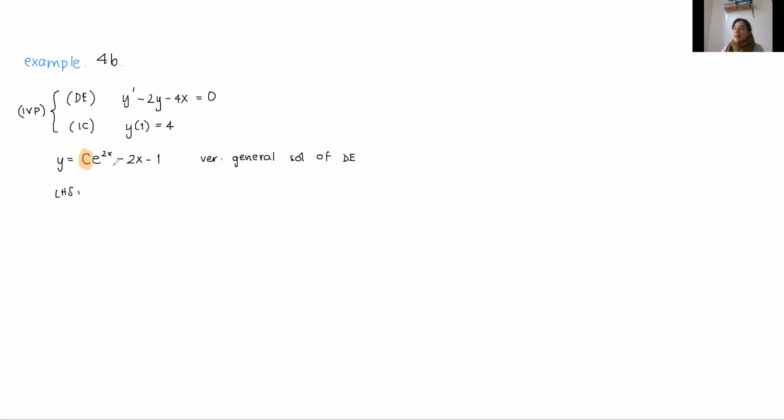Okay. So I have the left-hand side, which is y prime minus 2y minus 4x. And what I'm going to do now to verify that my function y is a solution of this equation is to plug in y over here into each one of the instances of y that I have, right?